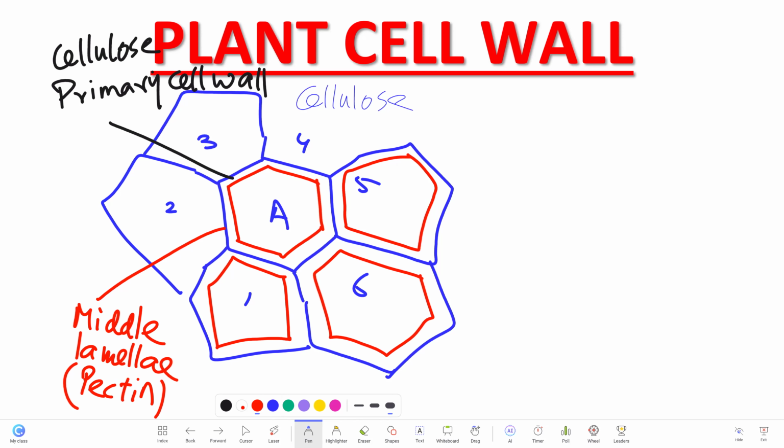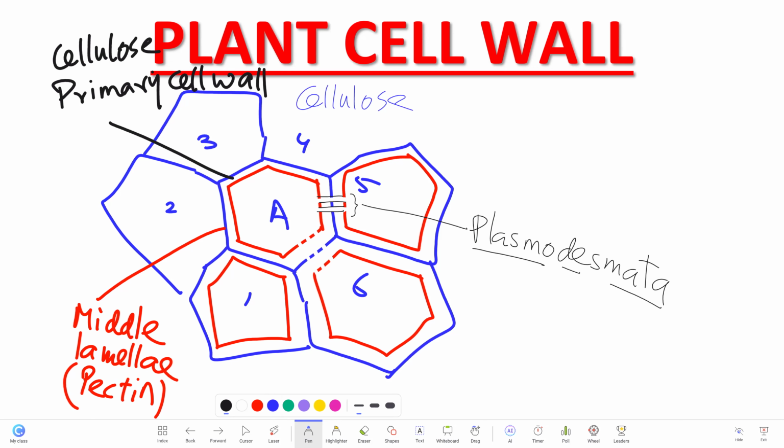To talk to each other, cells have channels for communication. See, these are openings between the cells. They call this plasmodesmata. I know it's a hard name, right?